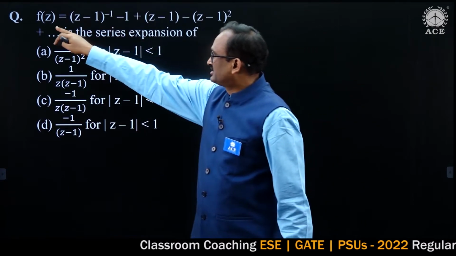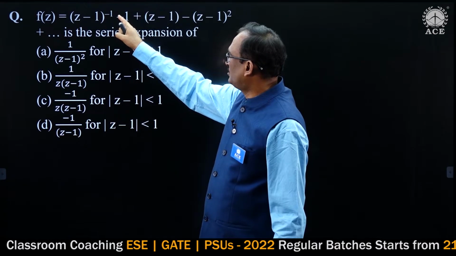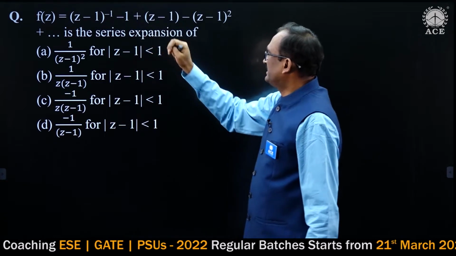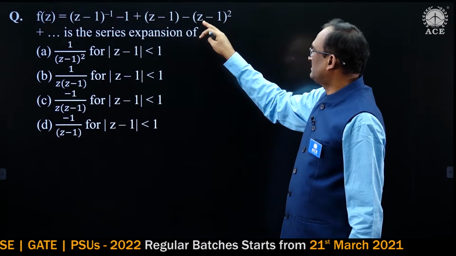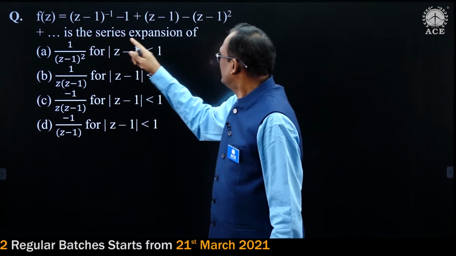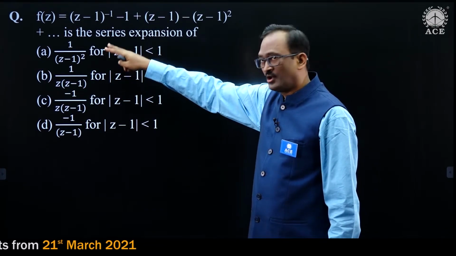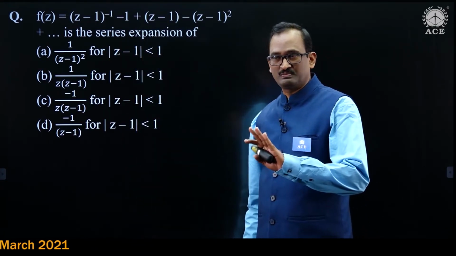Observe this. Next problem: f of z is equal to (z minus 1) whole power minus 1 plus (z minus 1) minus (z minus 1) whole square plus and so on. This series is the expansion of which of the following given functions? Let us simplify.